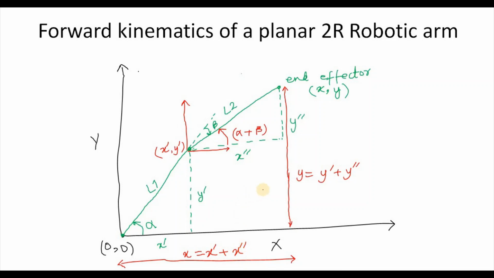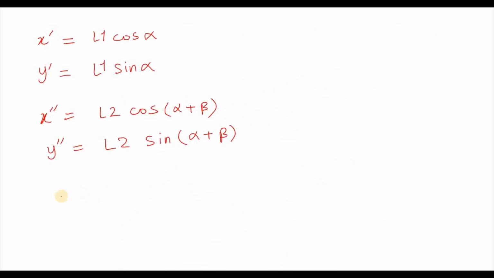So it means we can find x and y if we know the values of the intermediate x's. So as we have seen already, x is equal to x dash plus x double dash and y is equal to y dash plus y double dash.